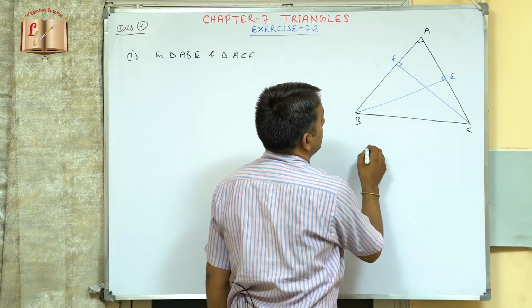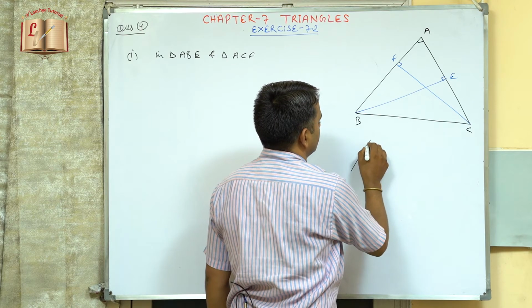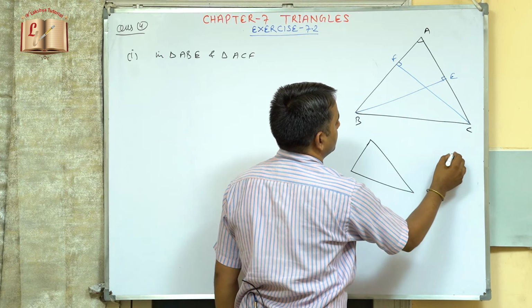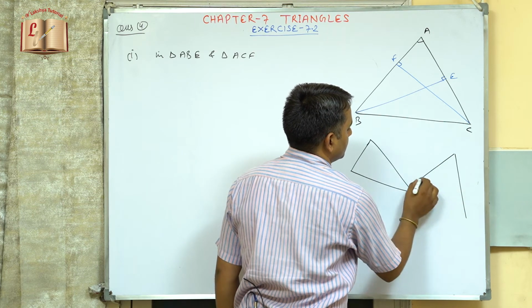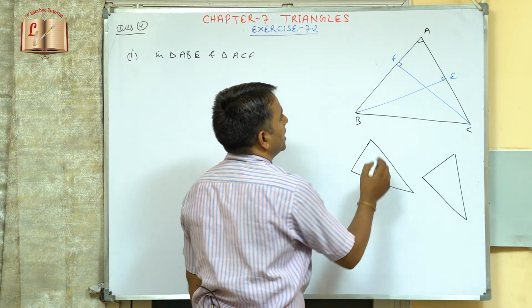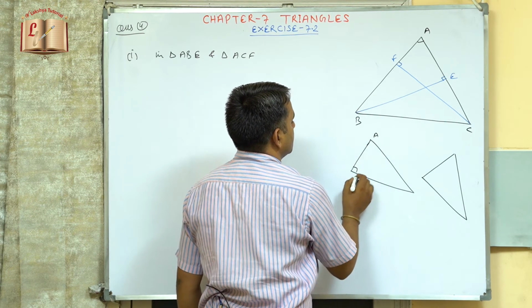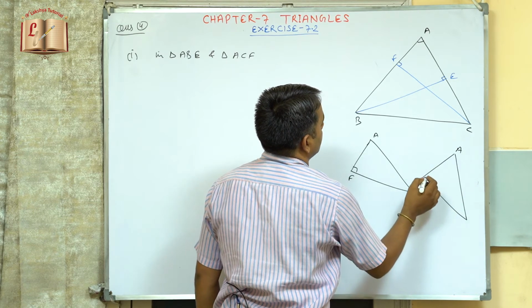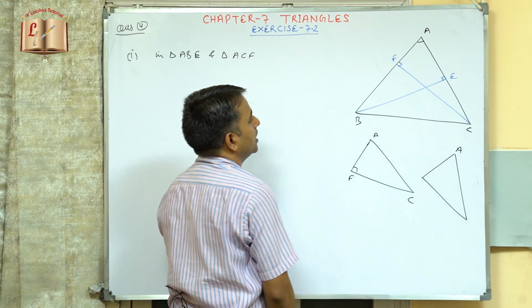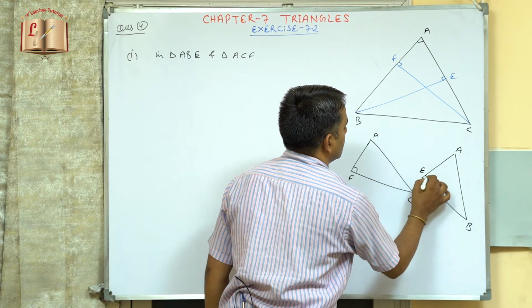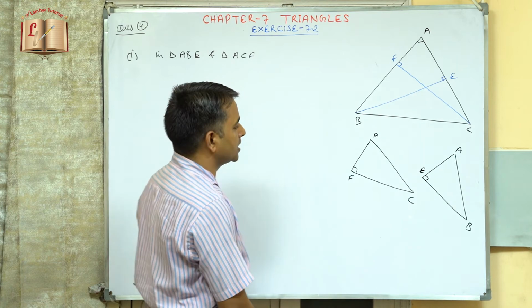Again we will draw these two triangles. To make it more clear, let us draw these two triangles now. First one is A, this is F and this is C, and second one is A, and here it is B and this is E. So these are the two triangles I have drawn.